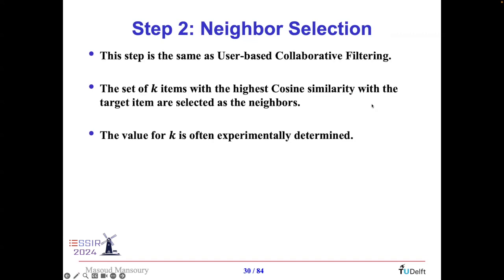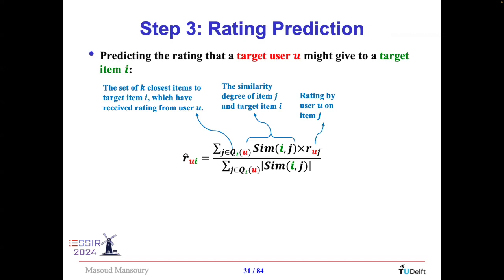And the second step, again, we need to select the neighbors. We follow the same process with k neighbors, and we experimentally tune this value of k to find the best number of neighbors for the target item, and then we predict the rating for the target item by the target user.